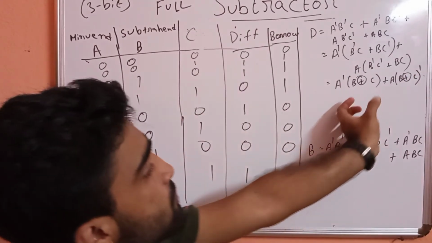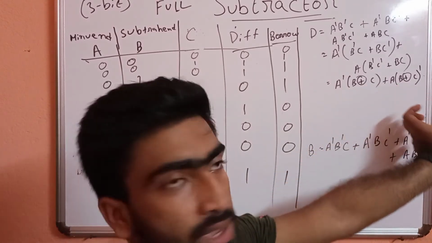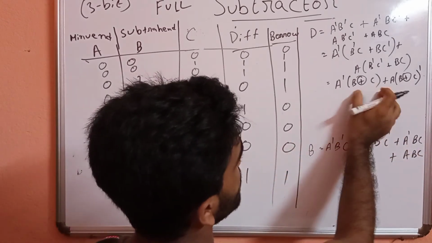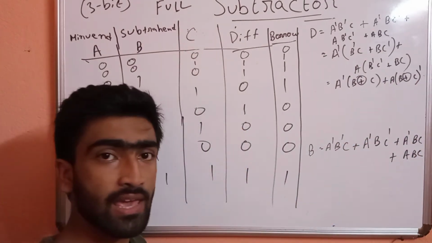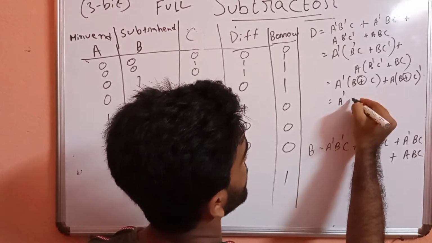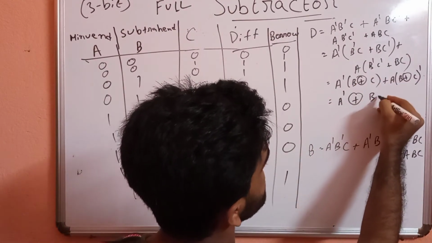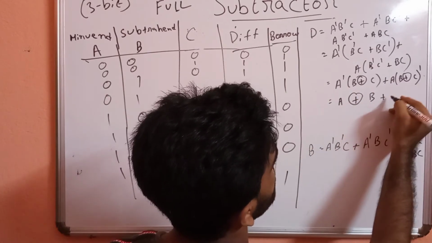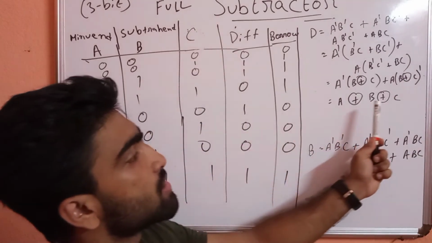Now see, if you consider this part B OR C as any variable x, let us consider this as x. Now see, A complement x plus A x complement, what is it? A XOR x, right? So we will write A XOR x. x means this expression, that is A XOR B XOR C. So this is our expression for difference.